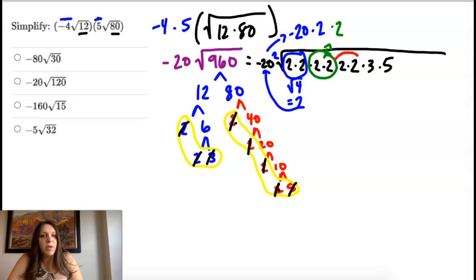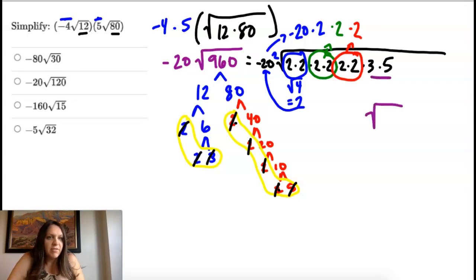Then I have another pair that comes out as one 2. So all this stuff outside the radical, I'm going to multiply. So -20 times 2 times 2 times 2. And then inside the radical, I still have 3 times 5.